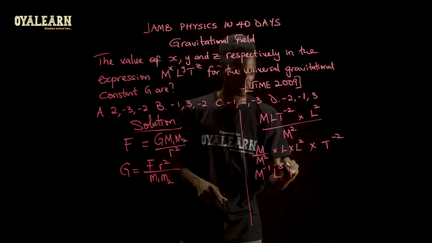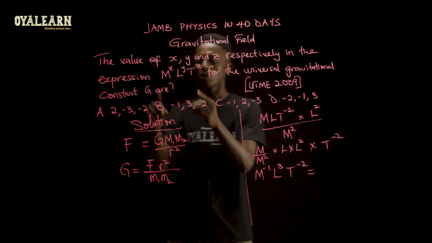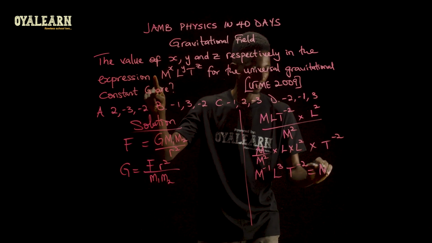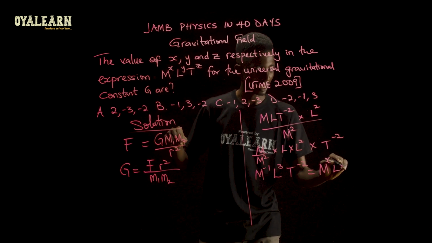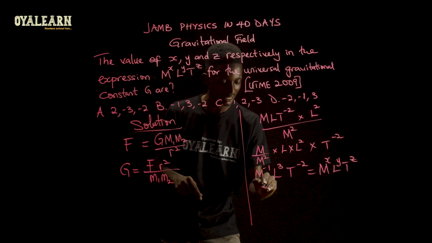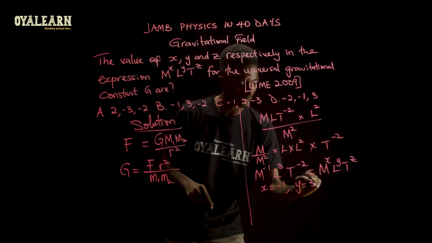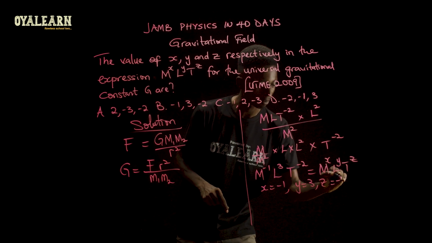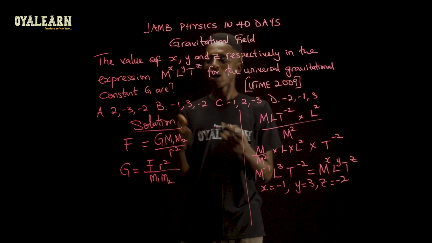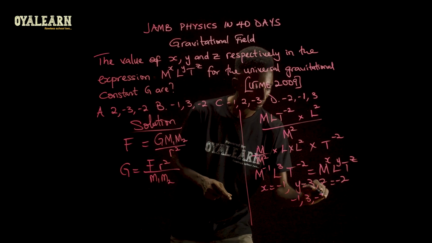And then this would give us T to the power of minus 2. Now let's equate it with what we are given here: M to the power of x, L to the power of y, and T to the power of z. So we can see that x equals minus 1, y equals 3, and z equals minus 2. So our answer is going to be minus 1, 3, minus 2.